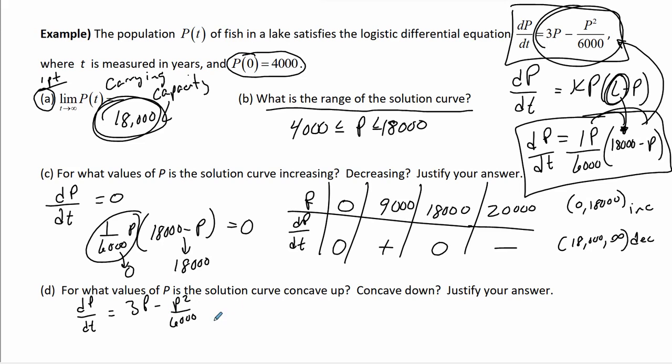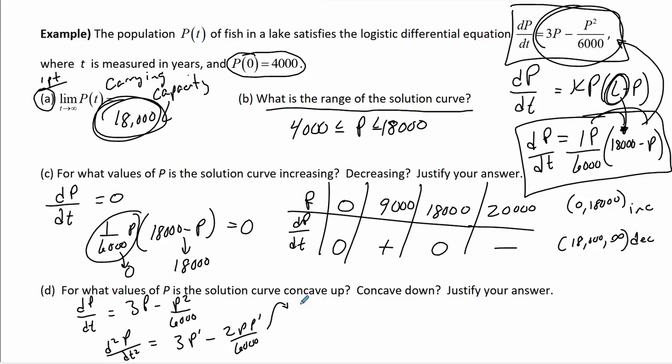So dP/dt is equal to that, and so d squared P over dt squared is equal to (3 times P prime minus 2P times P prime) over 6,000. Okay? Hopefully we can remember how to do implicit differentiation.